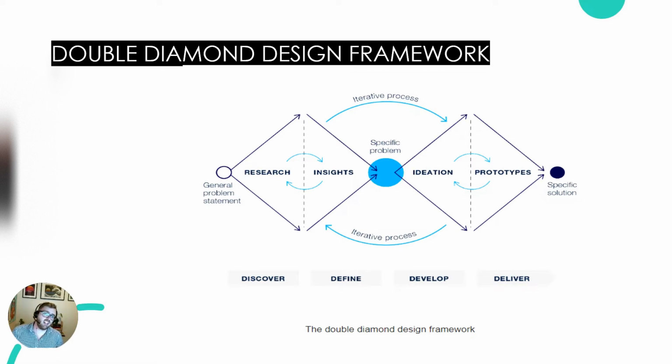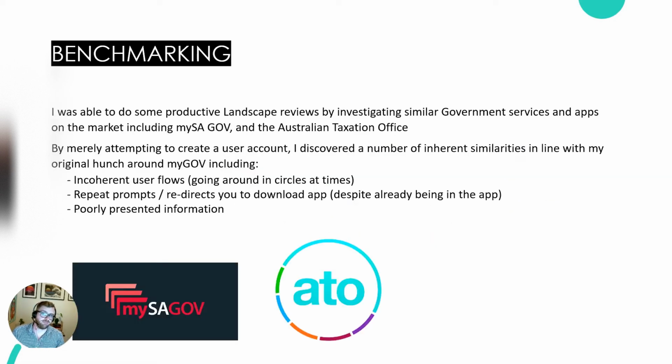I started with a general problem statement and wanted to understand that problem through further research, and then narrow in on a specific problem to address through insights that I would uncover. I would then ideate some solutions, and from that ideation process, narrow down some more refined prototypes, which would articulate a specific solution.